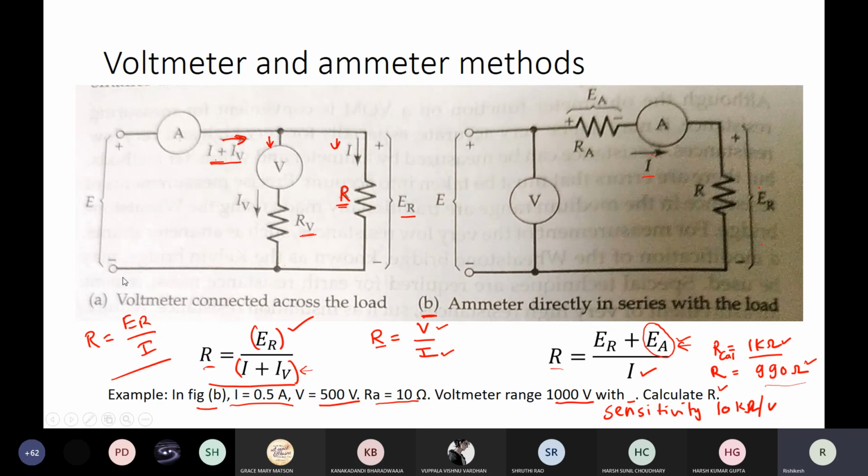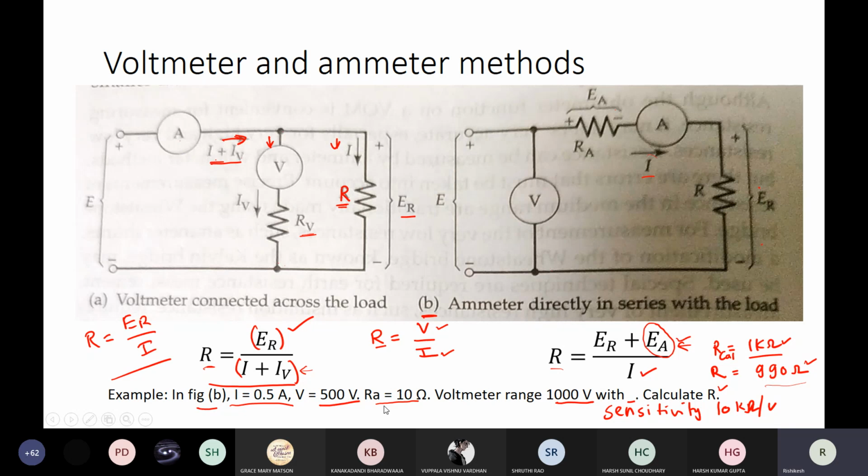Another approach is this configuration where the voltmeter is connected in parallel with R directly to measure the voltage across it, but the ammeter is connected in series with this parallel combination. So the ammeter is measuring I plus IV.